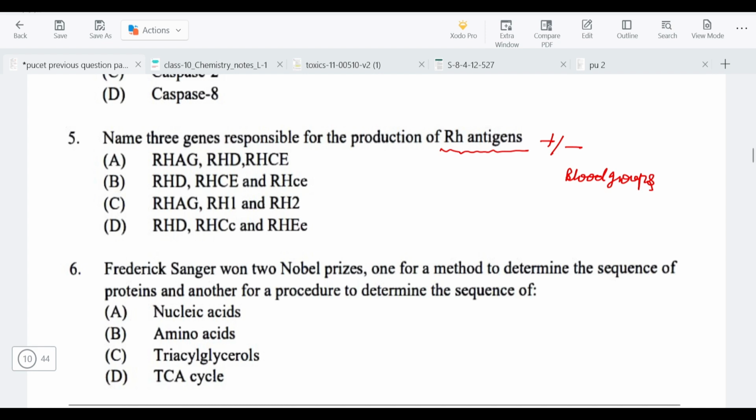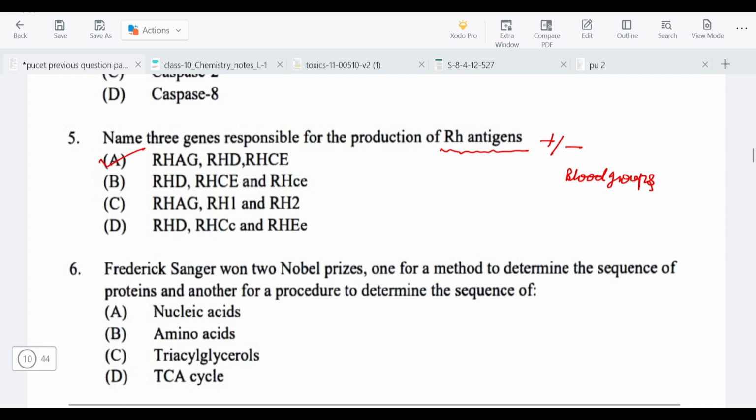These genes, RHAG, RHD, RHCE, are essential for the expression of RH antigens on RBCs, right?